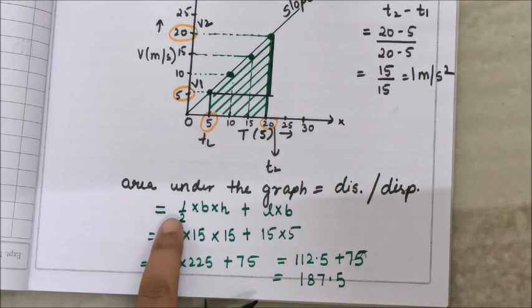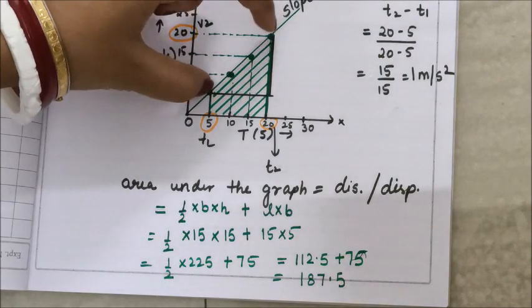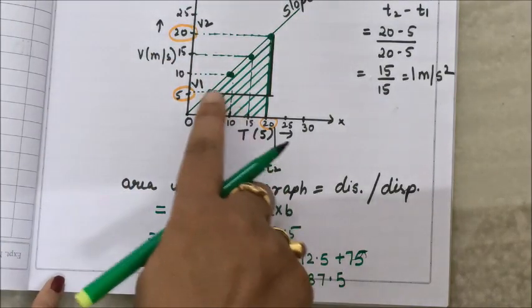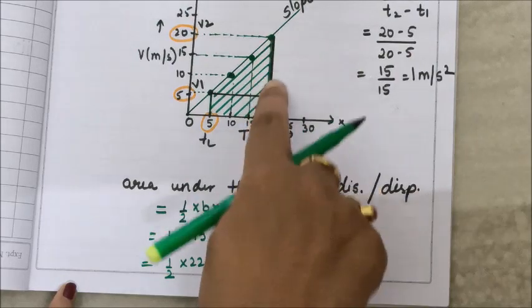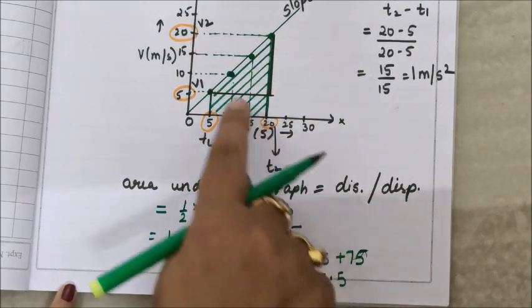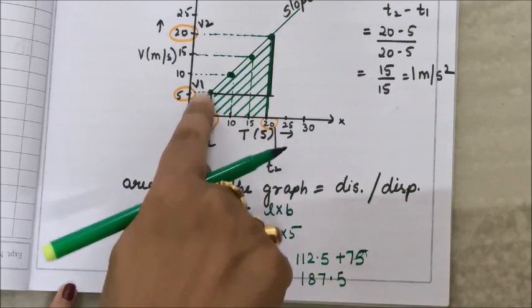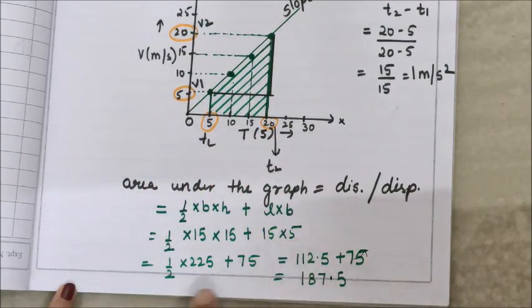Again I'm repeating that the triangle area was given by half base into height. Base was 15, height was also 15. The length of the rectangle was 15, whereas the breadth was 5. So half into the product of 15 and 15, plus 15 into 5, which is 75. When we add up these two terms, we get 187.5.